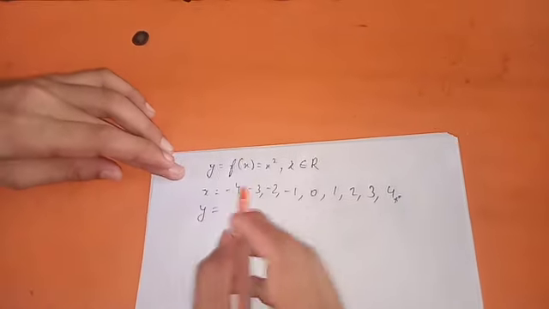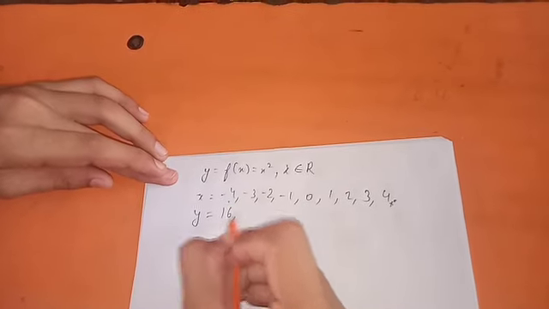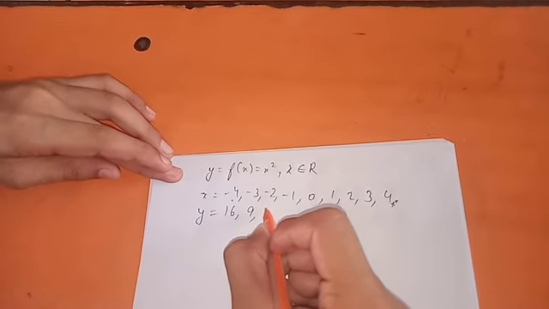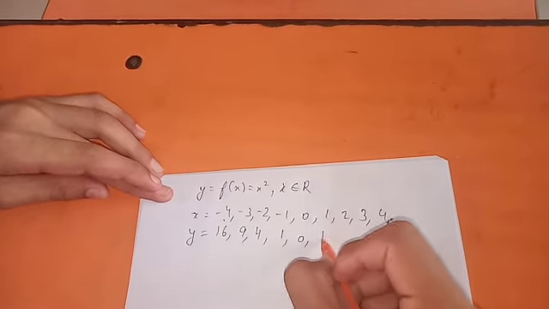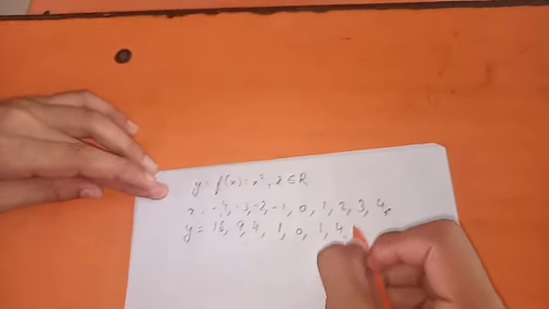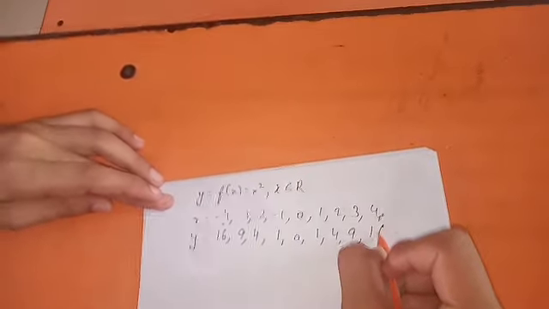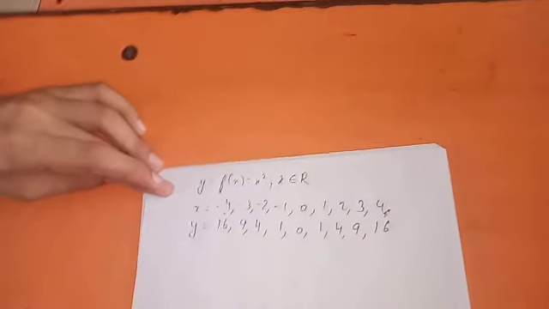So y will be what? Square of this. This is 16. This will be 9. This will be 4, 1, 0. Again 1. Square of 2 is 4. Of 3 is 9, and of 4 is 16. So these are the values that we got.